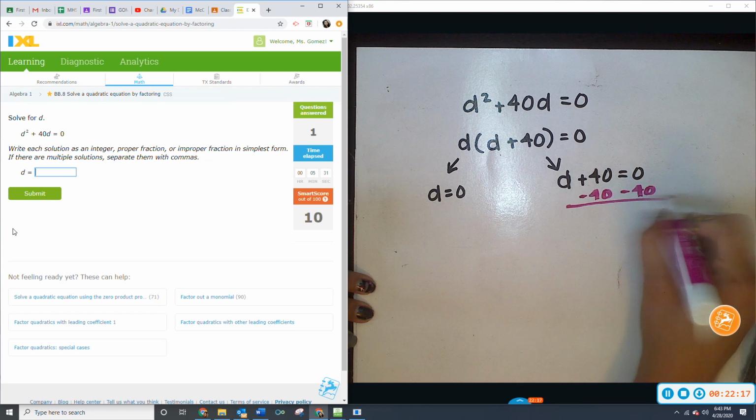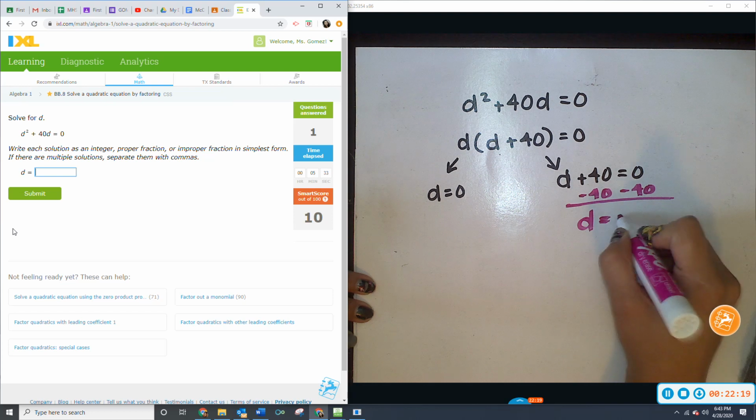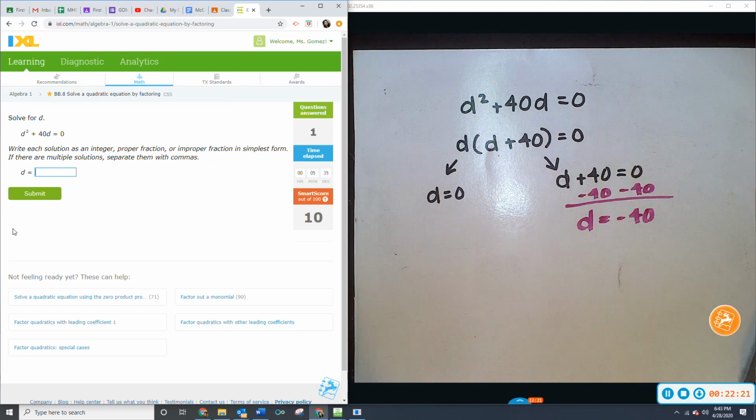So d is equal to negative 40. And let's go ahead and type that on in here. 0, comma, negative 40. Now again, I didn't put that in ascending order, so don't worry. Awesome. And that's pretty much what you're going to be doing all the way through, so I'll do as many as I can here.